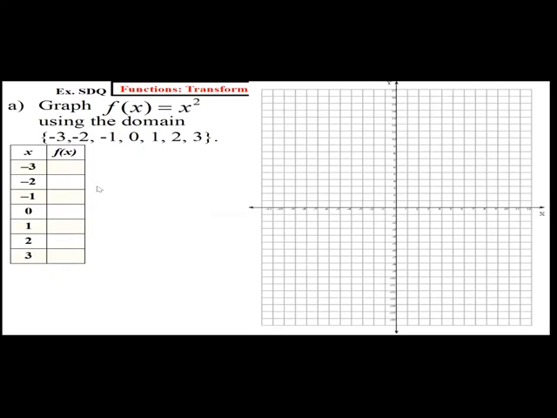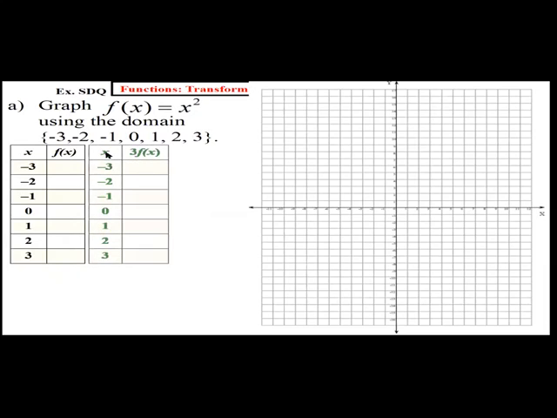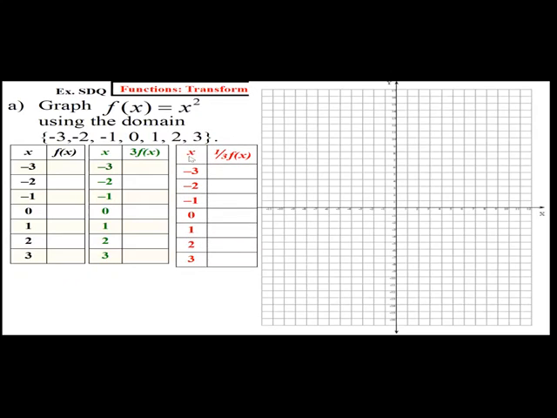Right next to that, do another table in green with the same domain, but on the y value, instead of f of x, write 3f of x. To the right of that, do another table in red. The domain is the same from -3 all the way to 3, but for f of x, you're going to write 1/3 f of x. Copy that, and then we'll go over this one together.